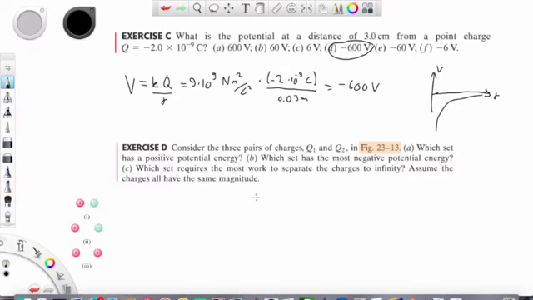In exercise D, we have 3 pairs of charges, and we are supposed to evaluate their potential energies. So what is meant by the potential energy of this system is, for example, what is the potential energy of this negative charge in the field produced by the positive charge, or the other way around, what is the potential energy of the positive charge in the field of the negative charge. The result is exactly the same, so we can just consider whichever case.